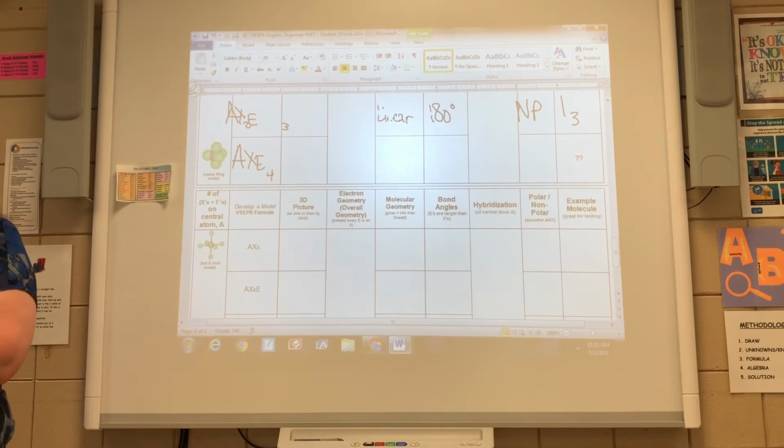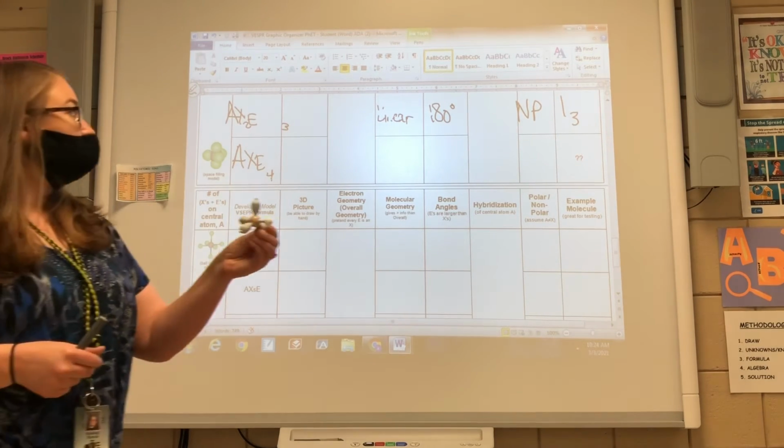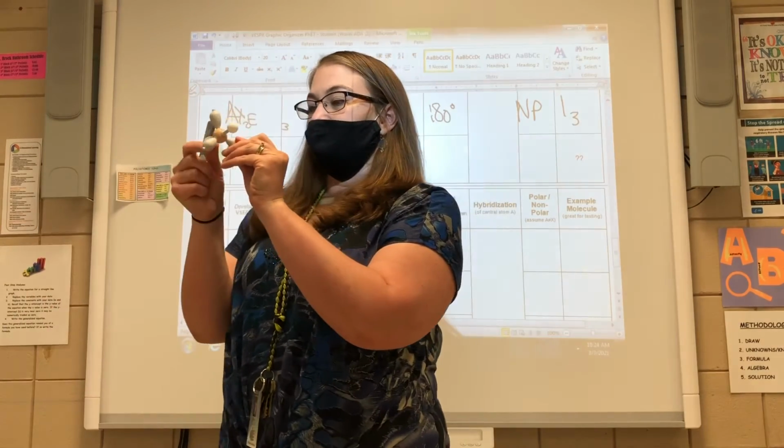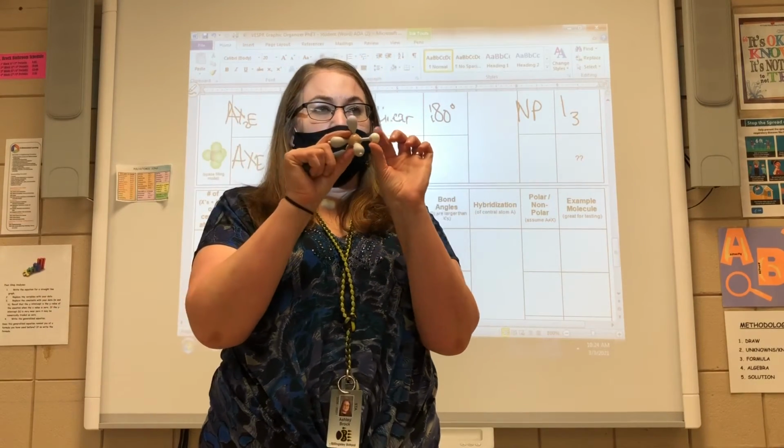So we take one of these off, and we put another electron. What's my molecular shape here, of just the atoms?